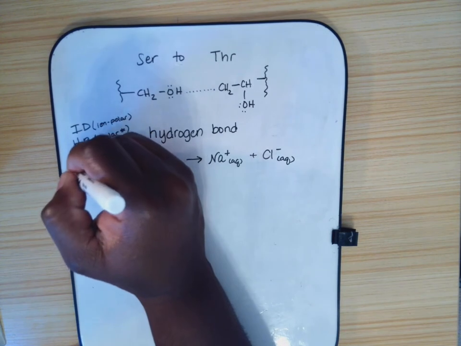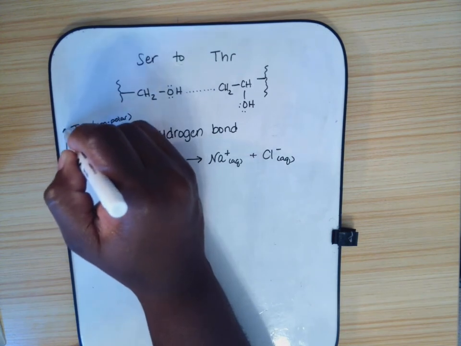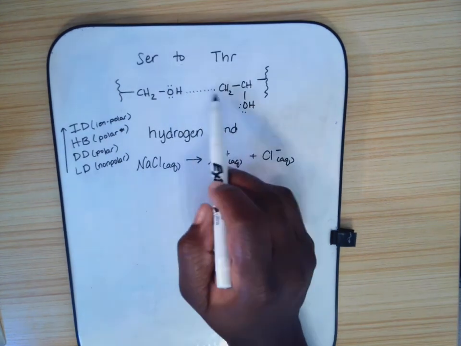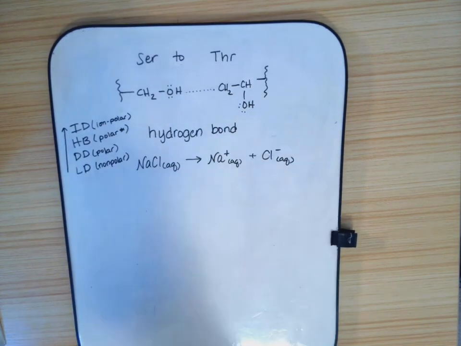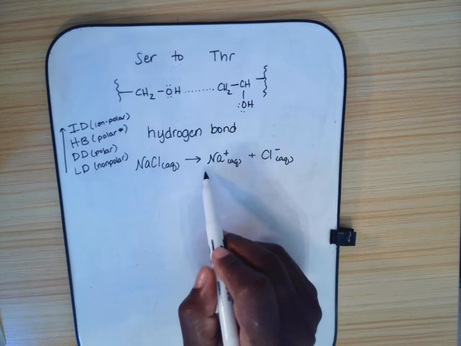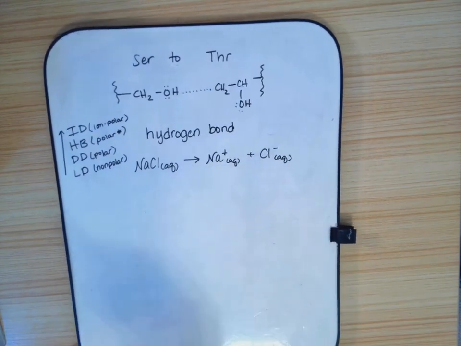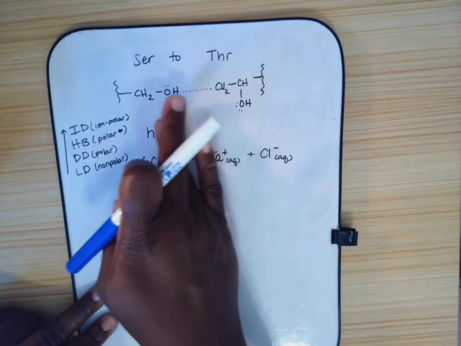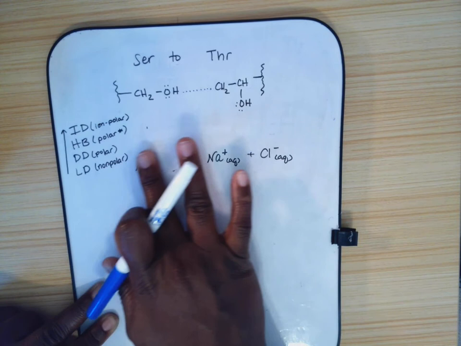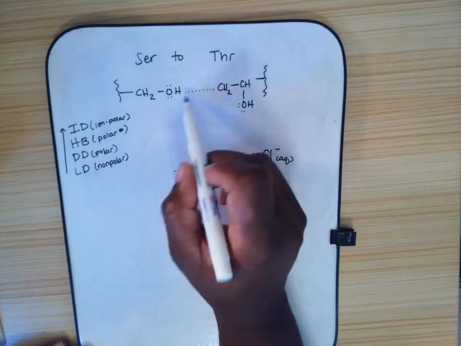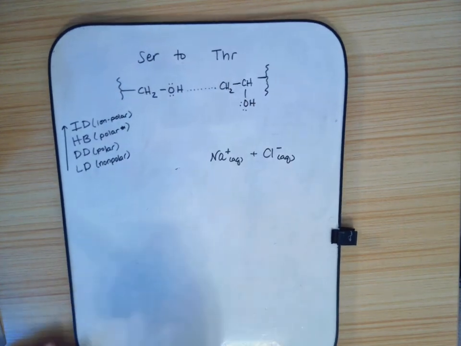This is in the order of increasing strength. The ion dipole is the strongest. So we have hydrogen bonding, which is pretty strong. It's the strongest of covalent. But when we add something that has ions present, you can now have competition. And so when those ions are present and they're floating around in that solution, they can compete with the serine or the threonine.